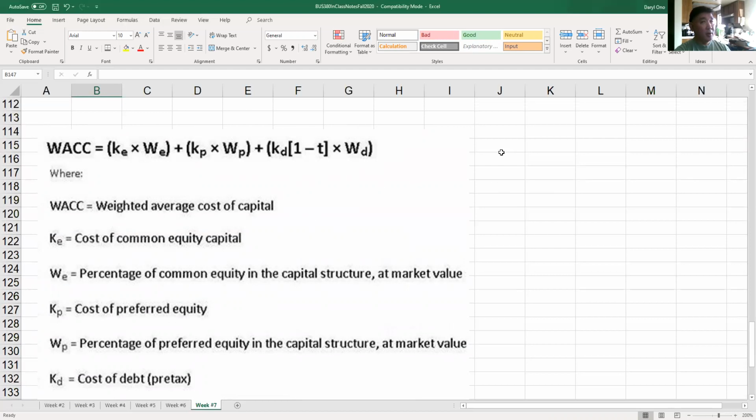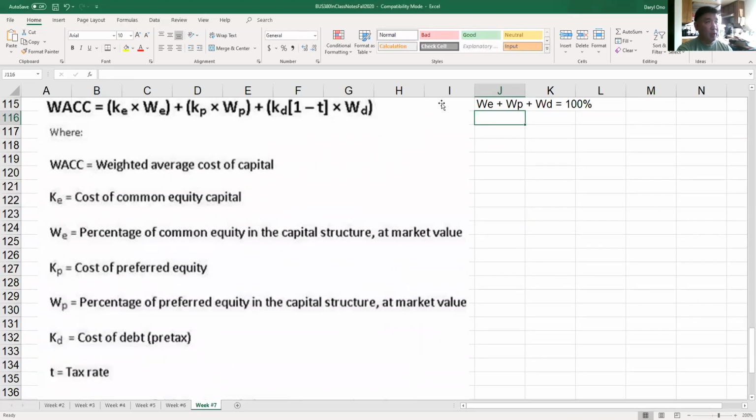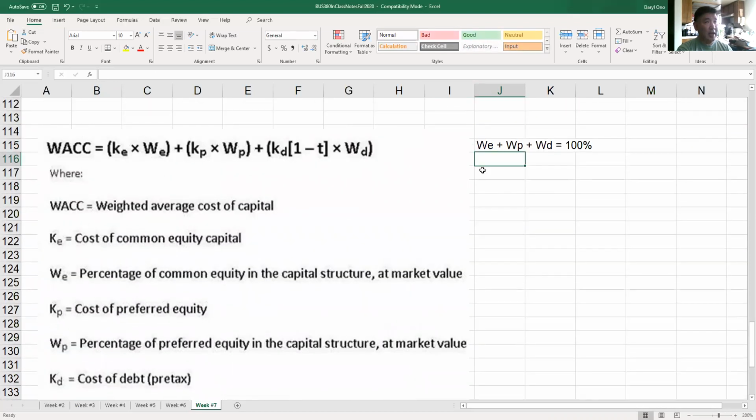And let me just put one other thing here. So WE plus weight of preferred plus weight of debt is equal to 100%. Has to be equal to 100%. Otherwise, you did something wrong. So let's put that up there. This must hold true.